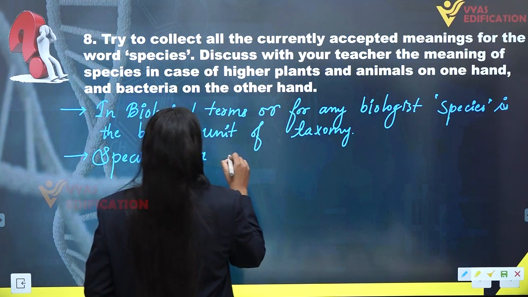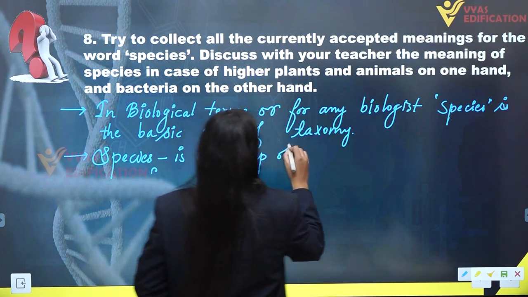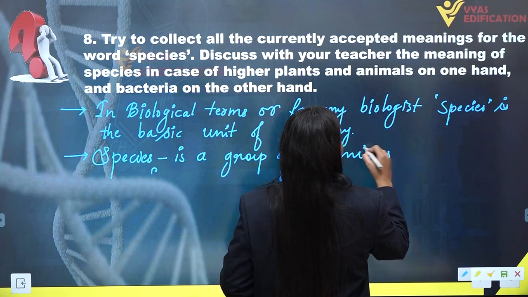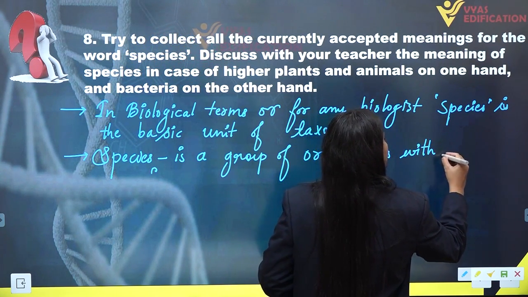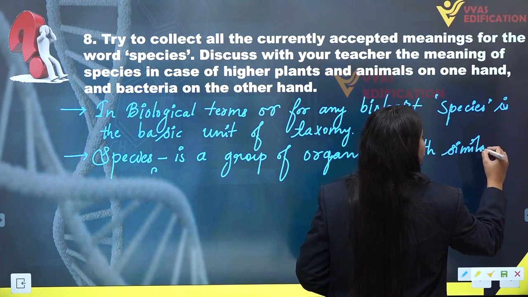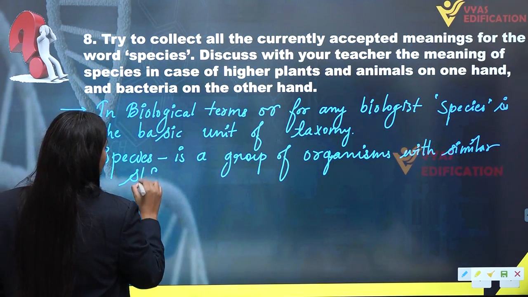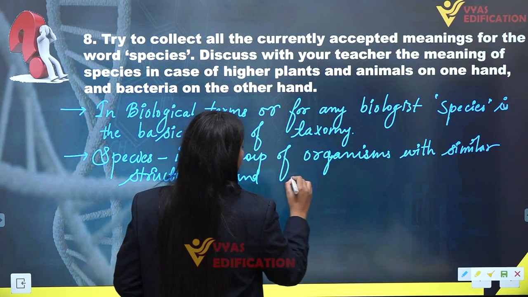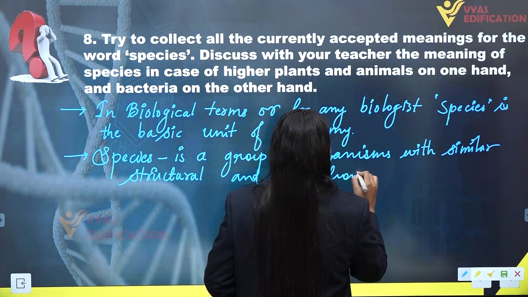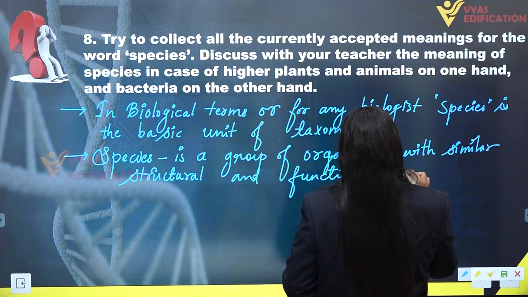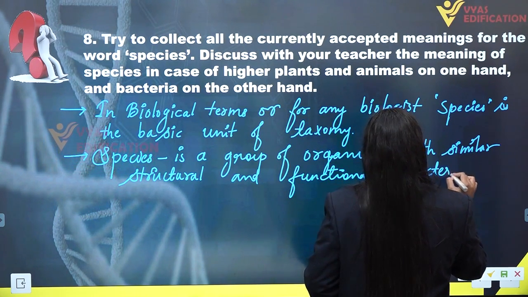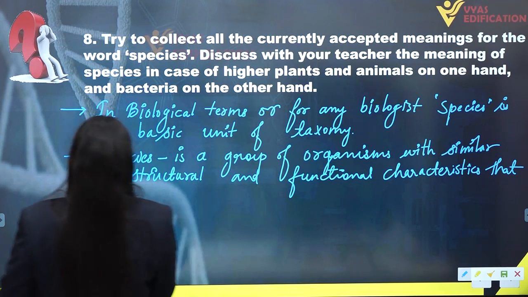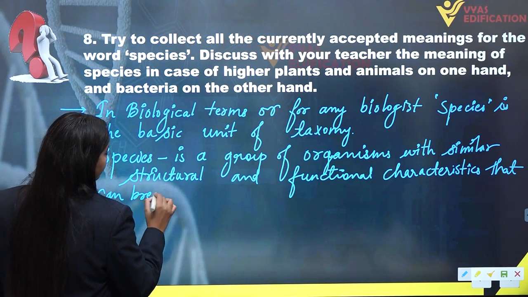is a group of organisms with similar structural and functional characteristics that can breed in nature.